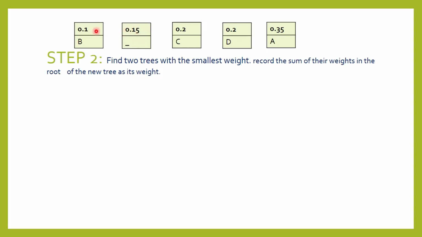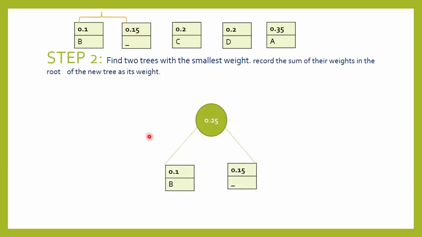Make this the left subtree and this the right subtree. So make 0.1 the left subtree, 0.15 the right subtree, and record their sum in the root. 0.1 plus 0.15 gives you 0.25.